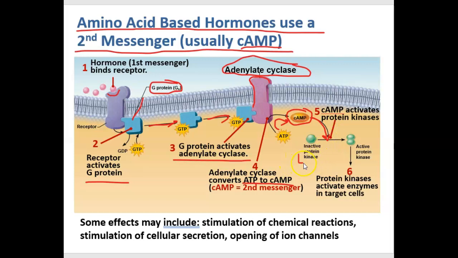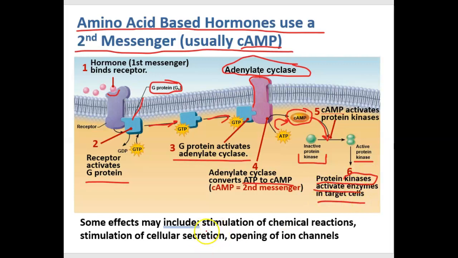For example, there's an enzyme group called kinases. Kinases phosphorylate proteins, which in and of themselves might be enzymes. But cyclic AMP is able to activate this kinase. So protein kinases then activate lots of enzymes in the target cells.